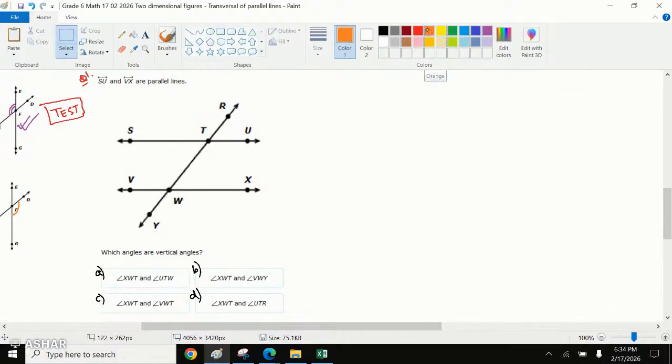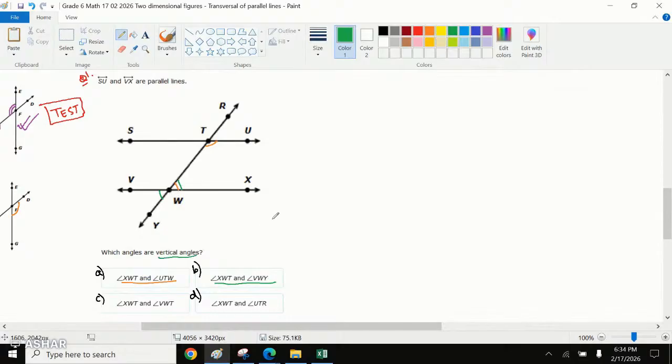Let's use different color codes. For these first two angles, XWT and UTW, these two angles, or XWT, which goes with this angle.